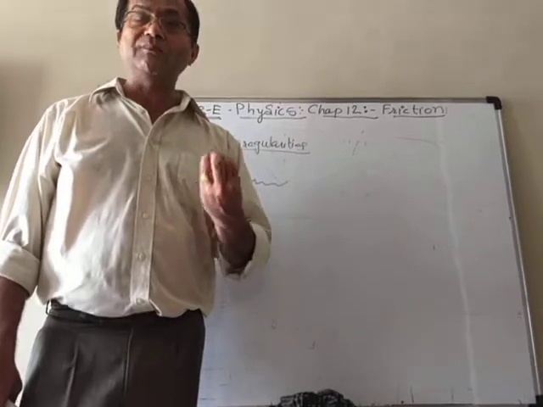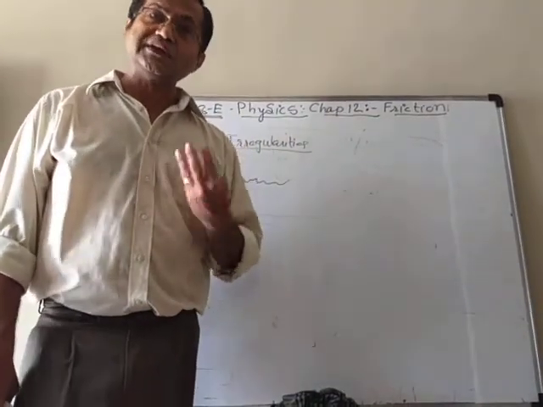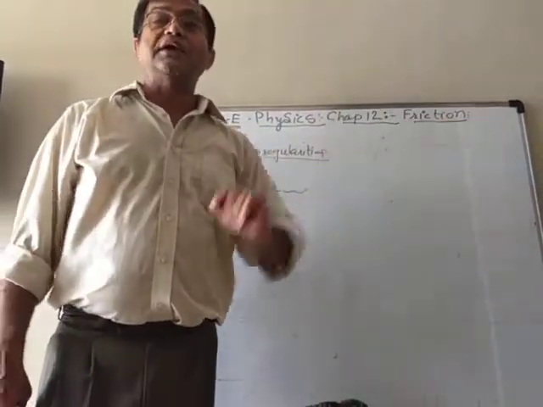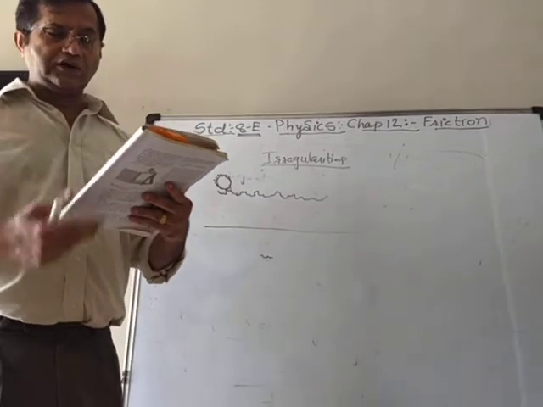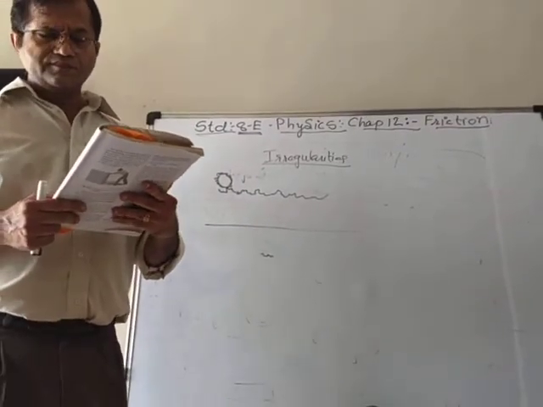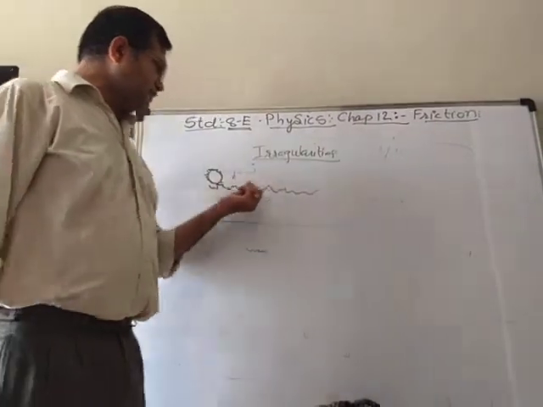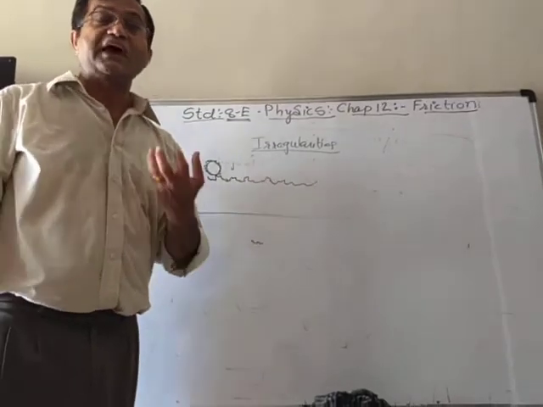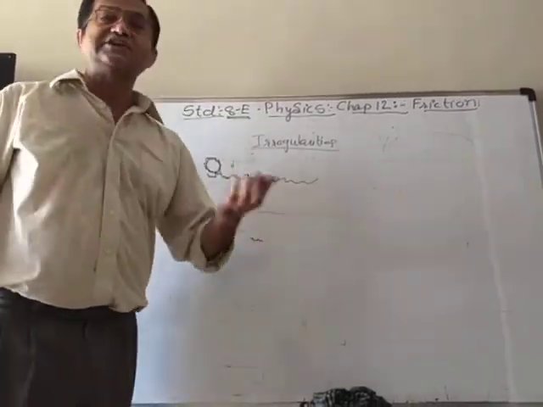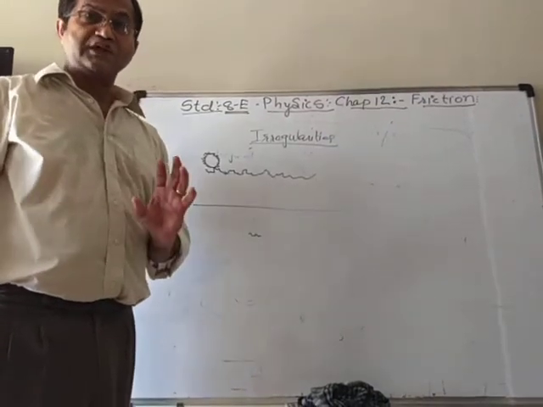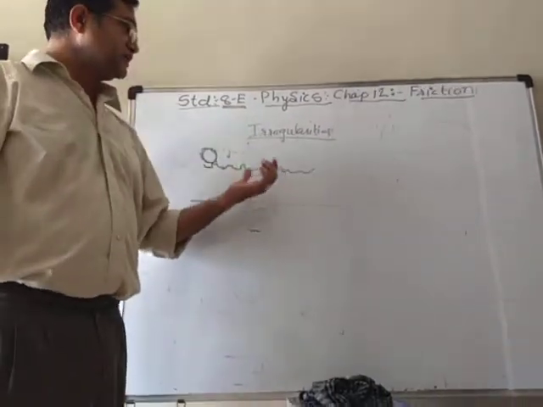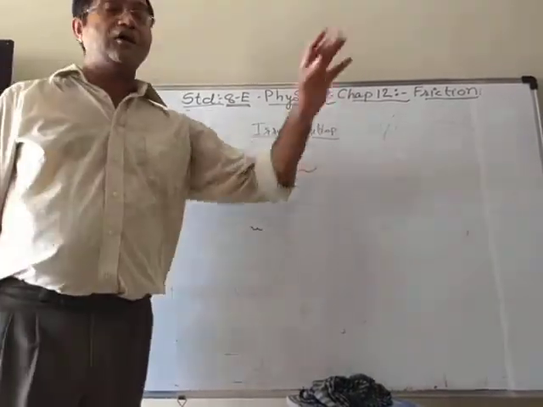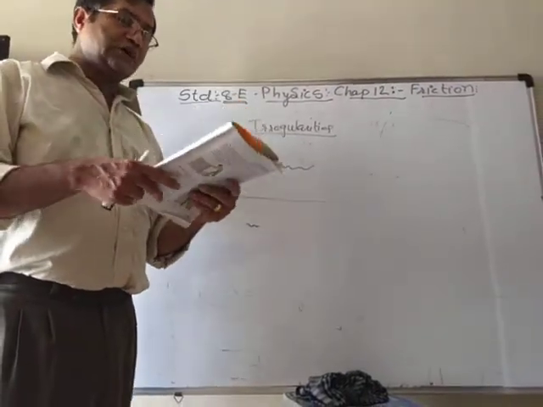It means that we have to apply more force so that we can overcome the force of friction, and then we can push it along the surface. As I told you, when an object is moving on another surface, the irregularities are interlocking. So we have to apply a force such that we can overcome these irregularities and take it out of that locking, and then only it will move on the floor.